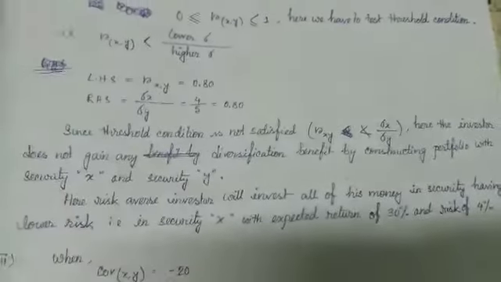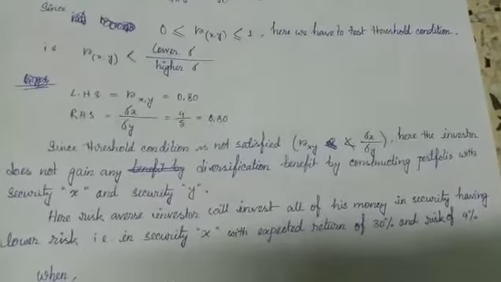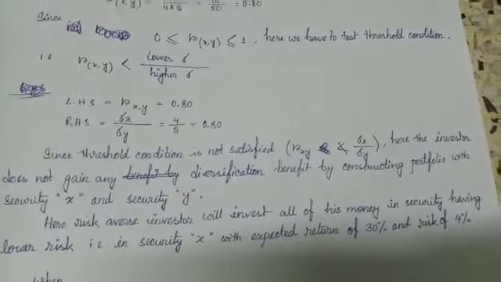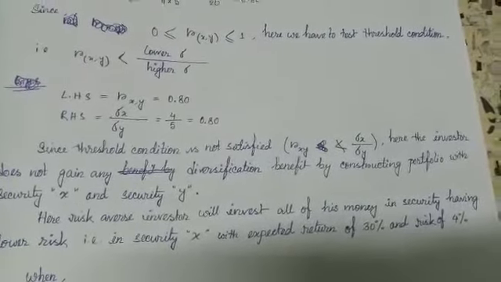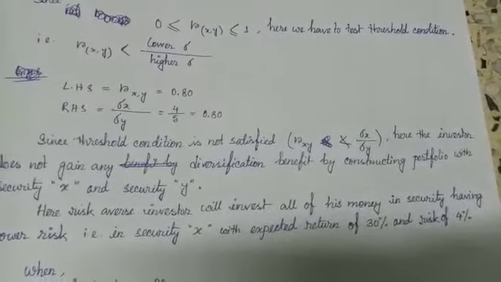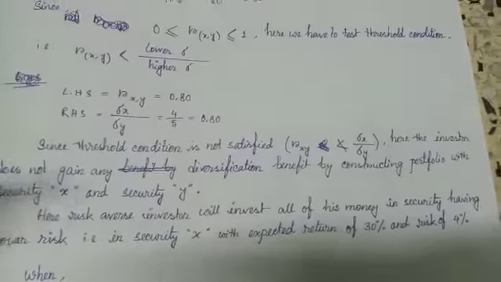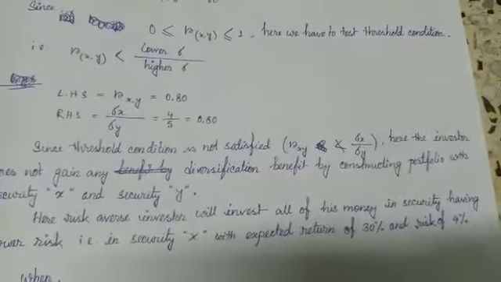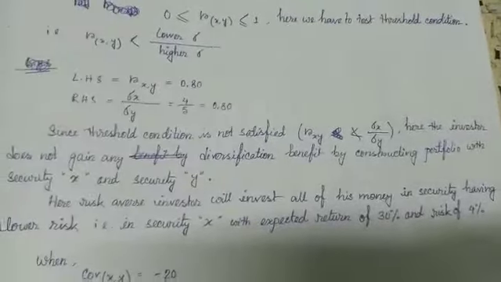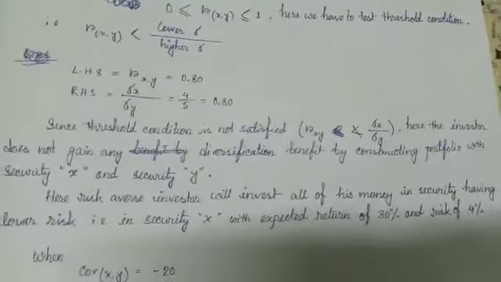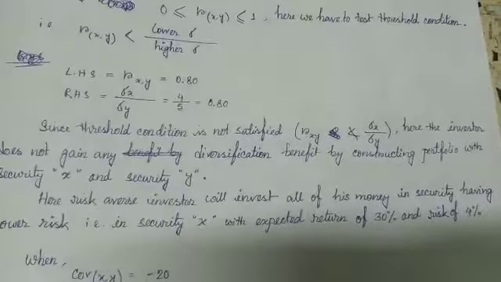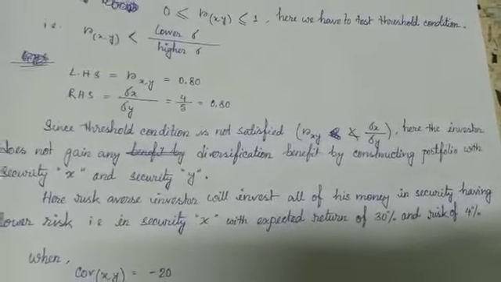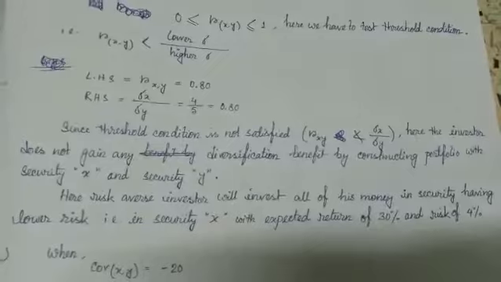So the answer is that since the threshold condition is not satisfied, there will be no diversification benefit that can be attained by the investors by constructing a portfolio with security X and security Y. That's why they will invest all their money in the lowest risky security, that means security X, having the expected return of 30% and risk of 4%.